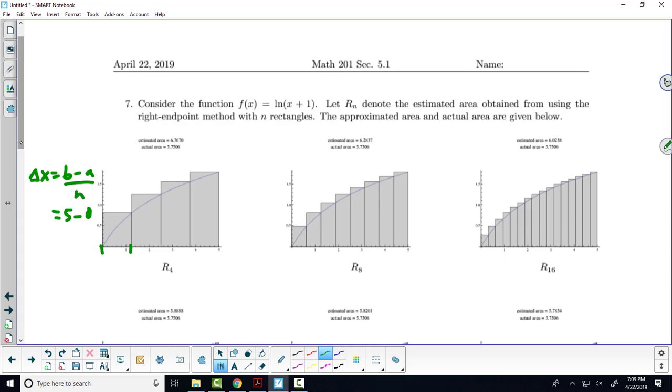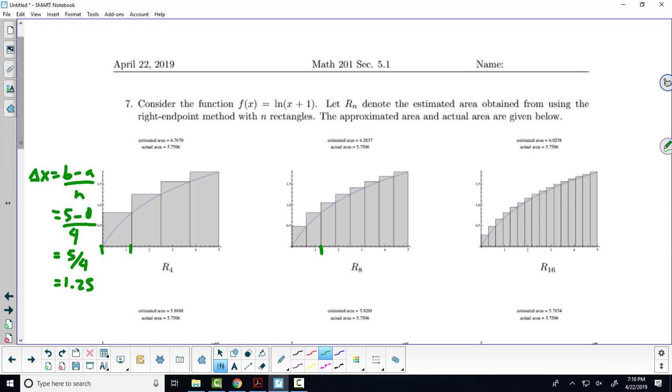I think it's 0. All over how many rectangles? 4. So I think we get 5/4 or 1.25 is the width of each of these intervals. Notice that 1.25 shows up here. It also shows up here as the right endpoint of the second interval.